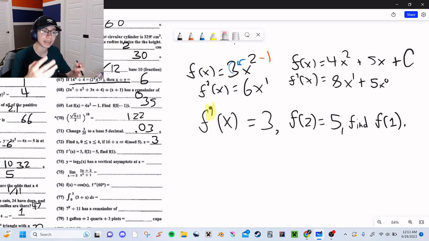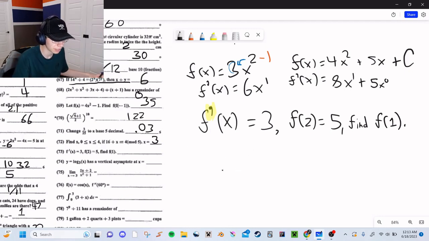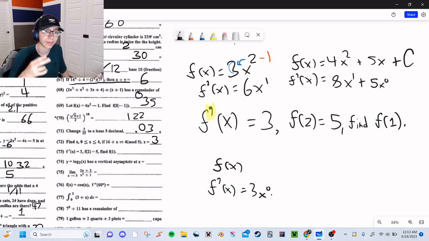So how can I find out what the original function is? Well, let's look at this question. Back to our original question. Okay, so if f prime of x is 3, then what's f of x? Well, this is basically 3x to the 0.